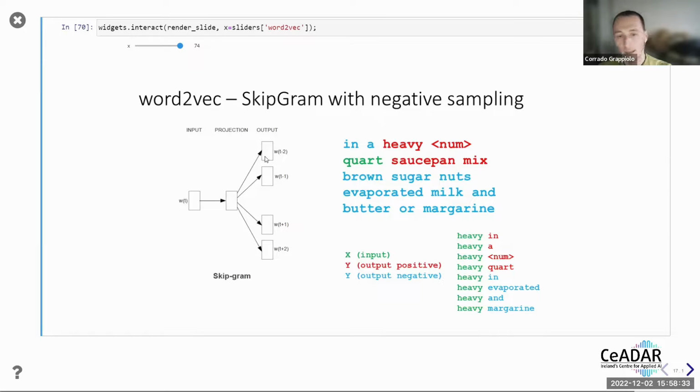And what is being fed to the network as positive examples is the context. In this case, it will be heavy, num, saucepan, and mix. So that's what we expect the network to predict, to return the highest probabilities for these words. And then all the other words that are outside the context are negative examples. So what we expect is that the network gives low probabilities to all these words.